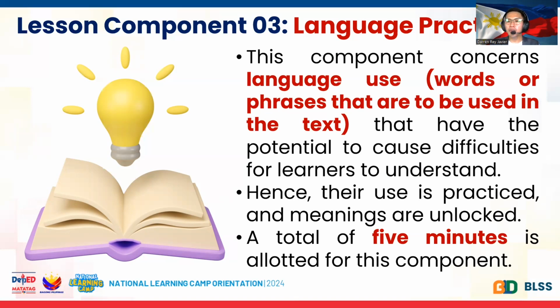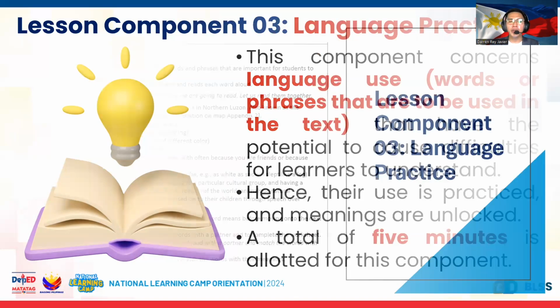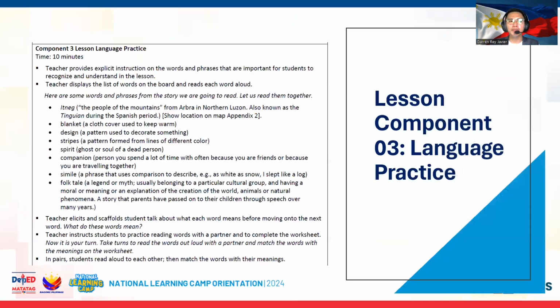Hence, their use is practiced and meanings are unlocked in this component. And a total of 5 minutes is allotted for this component. So here is the sample lesson plan for that particular component. As you can see, there are vocabulary words that can be found as well in the text.